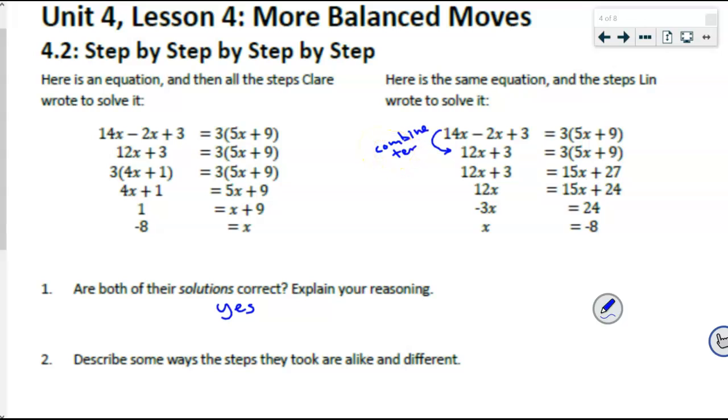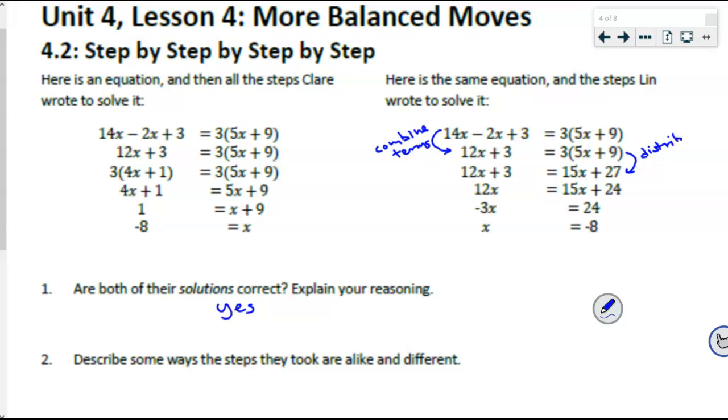What's the step that they took to go from the second line to the third line? What's that step that they're doing? Sam? Yeah, they're doing the distribution, right? They're simplifying. Yep.